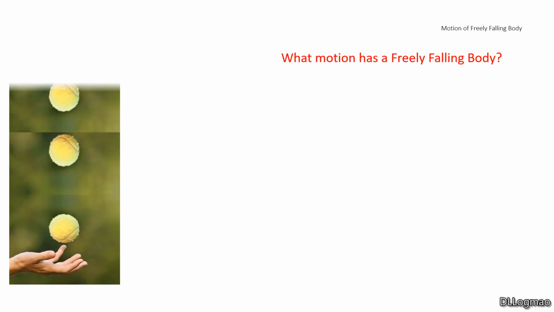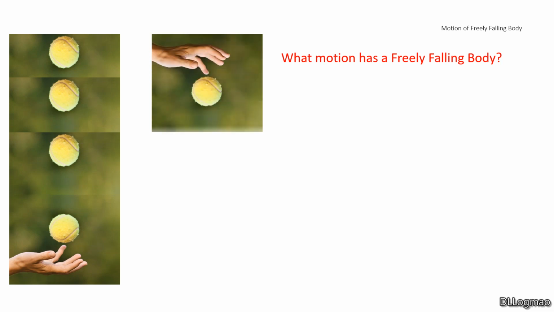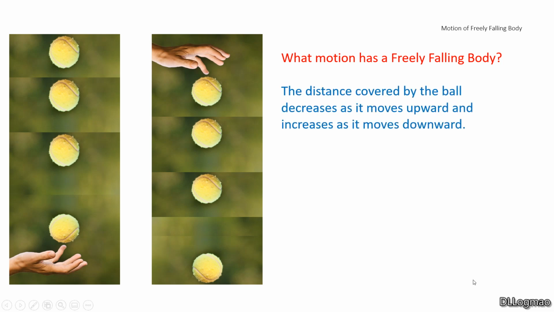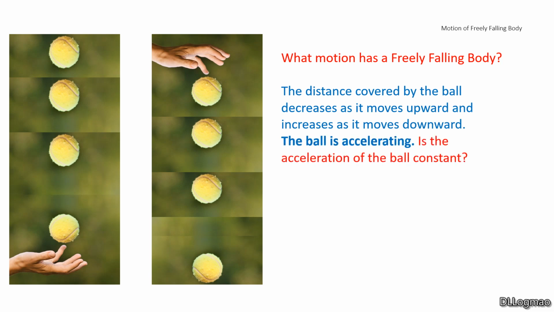What motion has a freely falling body? Let's observe again the motion of a body thrown upward and the body released from a height. Notice that the distance covered by the ball decreases as it moves upward and increases as it moves downward. The ball is accelerating.